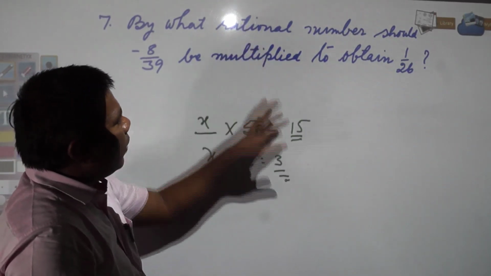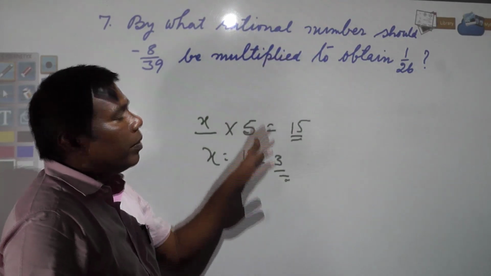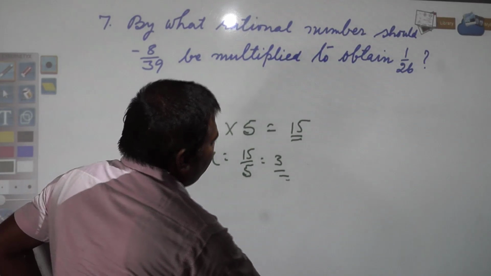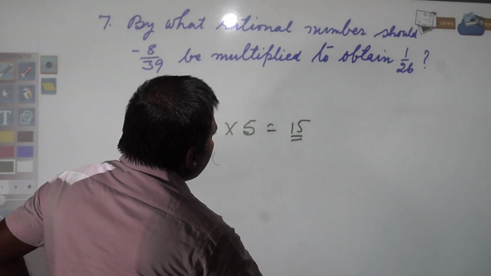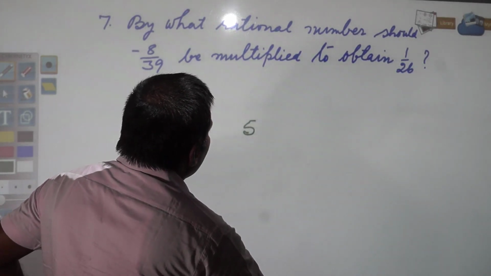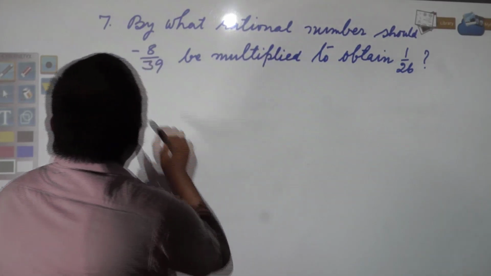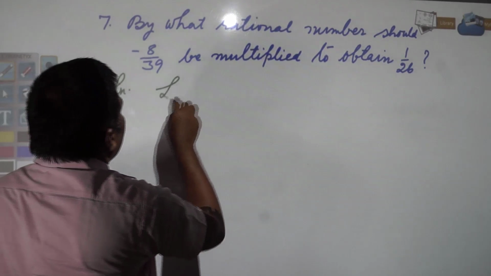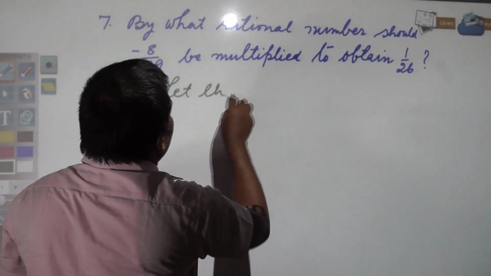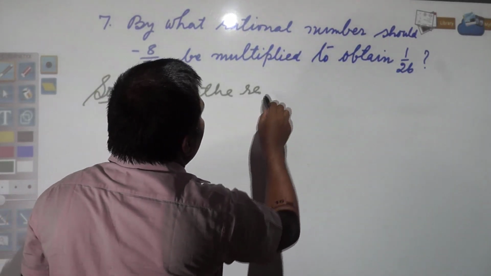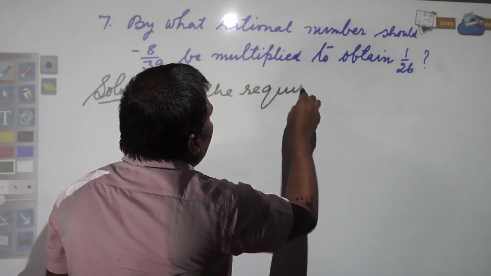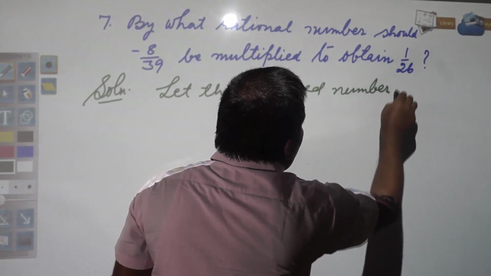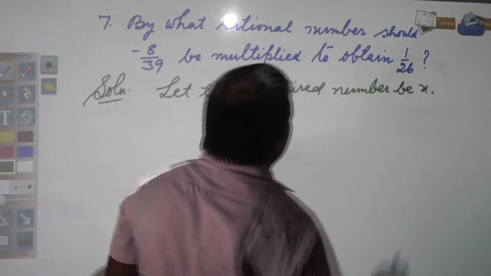The same thing is required to be done over here. Only the simplification of rational numbers you must know. So here you see how they do it. Let the required number be x.